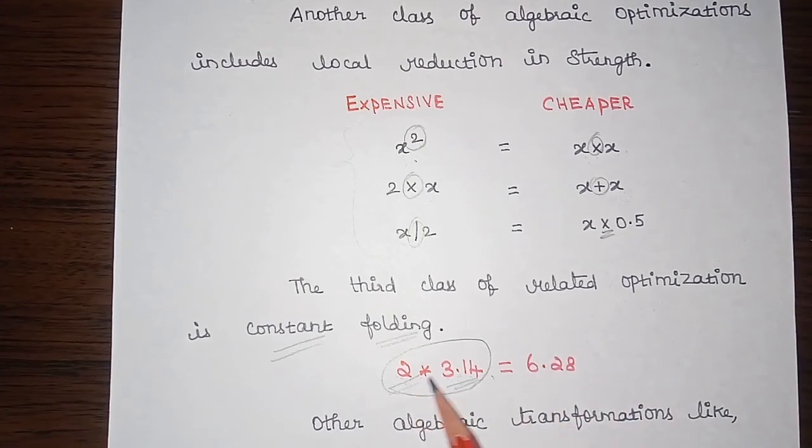So instead of doing a computation here, instead of keeping this expression, we can replace it by the result generated from this expression. This is called constant folding.